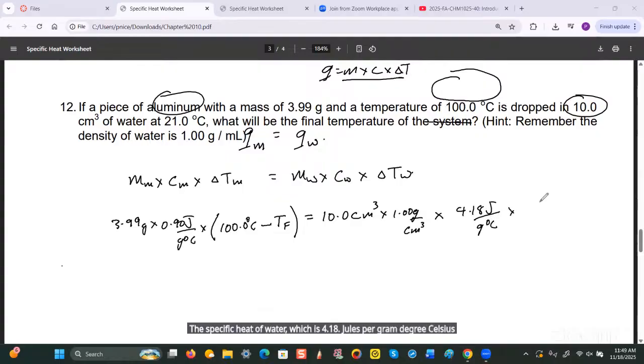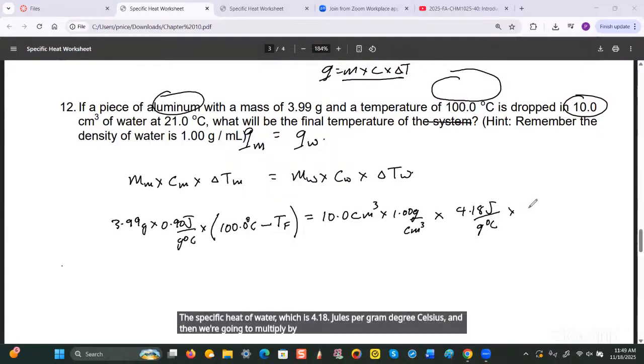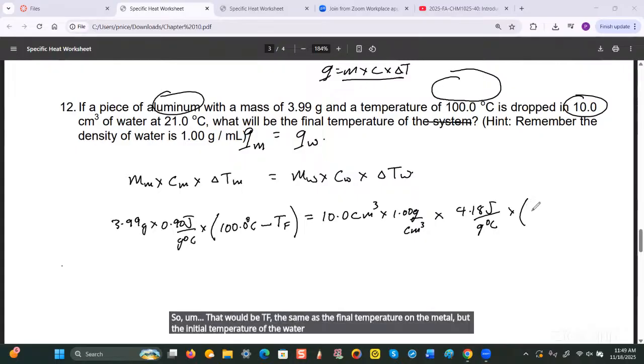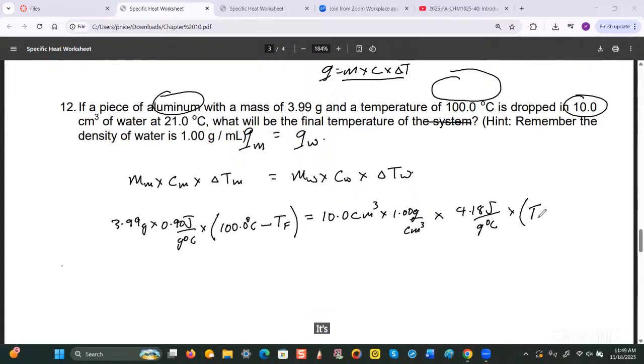And then we multiply by the change in temperature of the water, right? Again, we don't know what the final temperature of the water is. So that would be TF, the same as the final temperature of the metal. But the initial temperature of the water is 21.0 degrees. So therefore, it's going to be TF minus 21.0 degrees Celsius, all right?